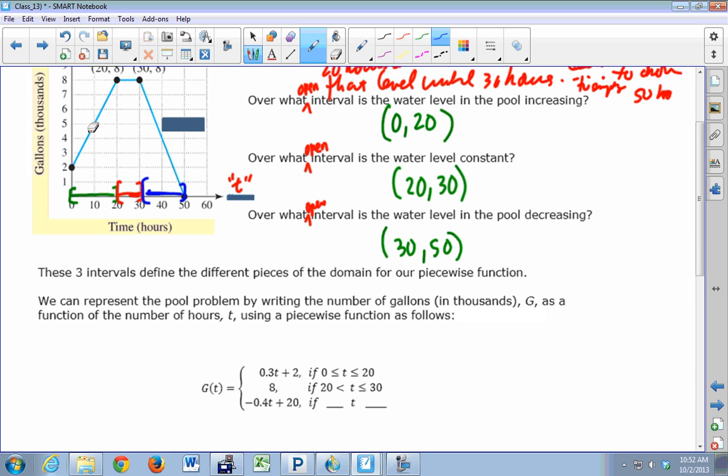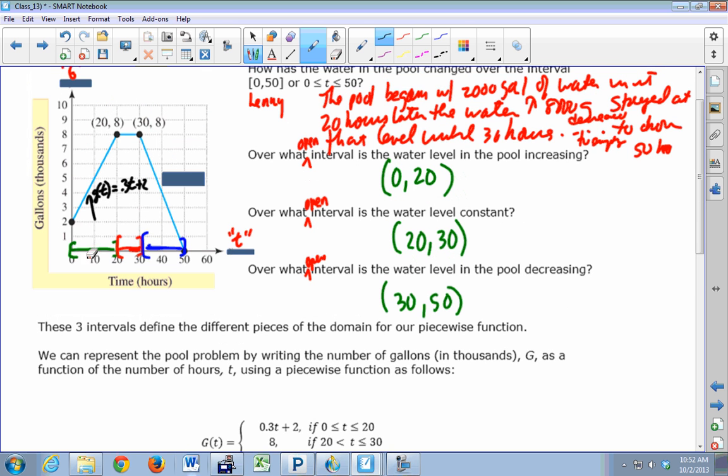So this first line is an increasing line with a positive slope and a y-intercept, or a g-intercept, at 2. So the equation for that piece is g of t equals 0.3t plus 2. So that has a slope of 0.3 and a g-intercept of 2.